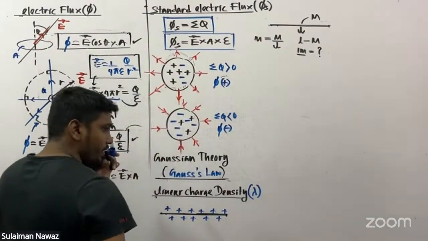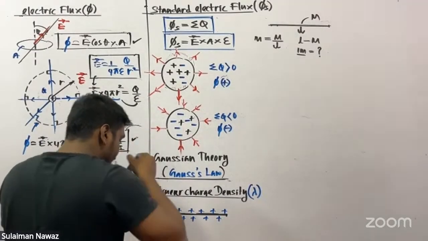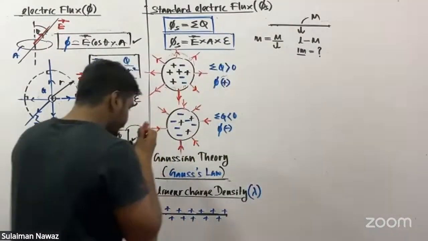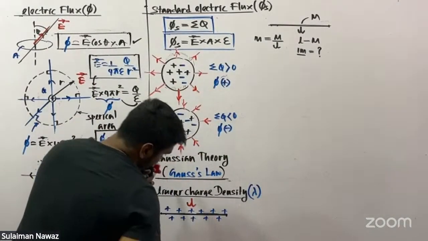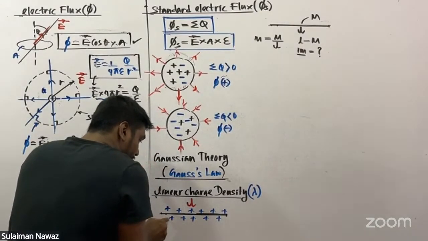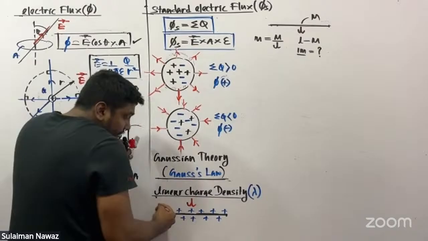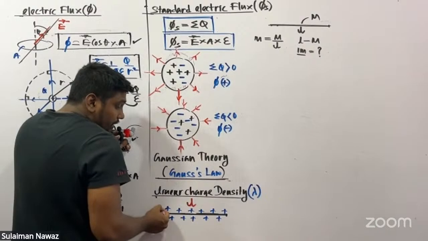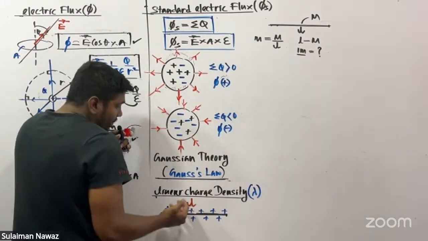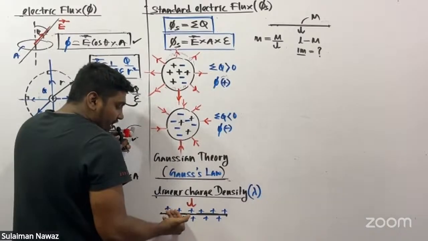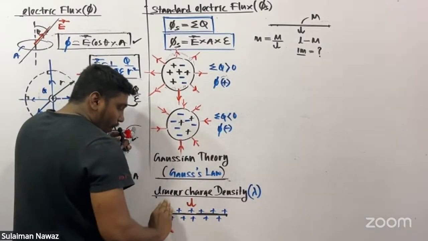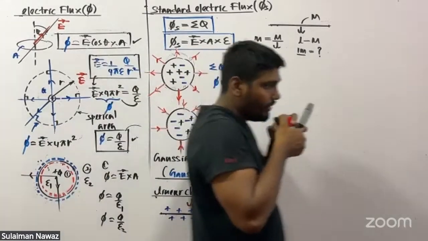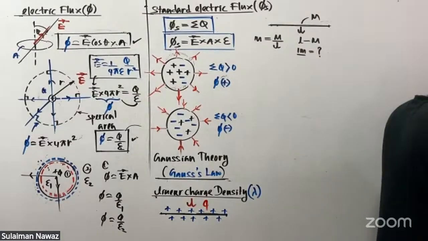The length of this object is, let's say, simple L. And when you measure the total charge along this simple L length, if you measure the entire charge spread on this length, let's say it is capital Q. Then how do we define the linear charge density?